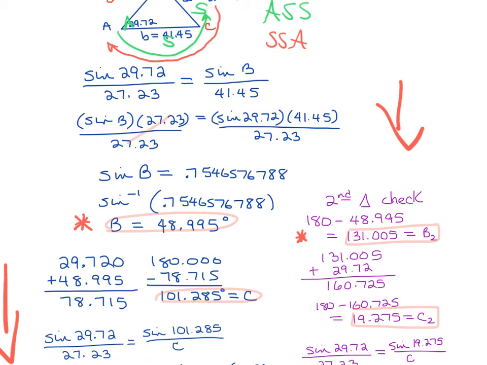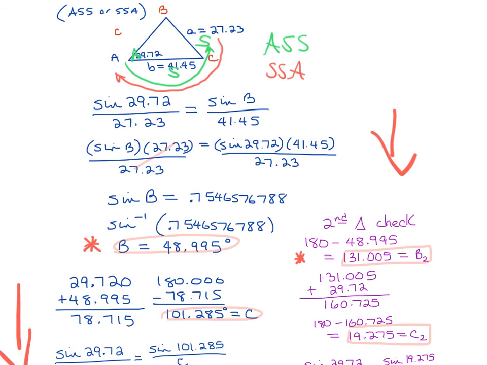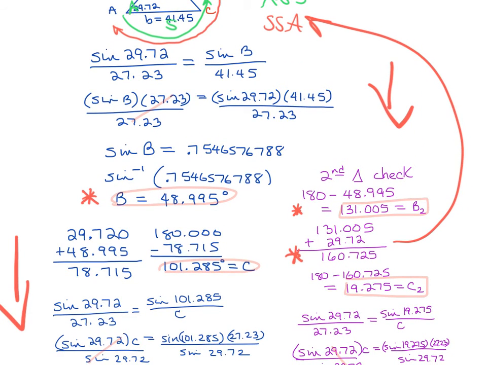But in order to figure out if it's possible, you have to take that number and add it to the number that was given to you originally, which was the 29.72. If this number goes over 180, you stop, because you know there can't be a second triangle. If it stays under 180, then you take that number, subtract it from 180, and that gives you the third angle in that second triangle.